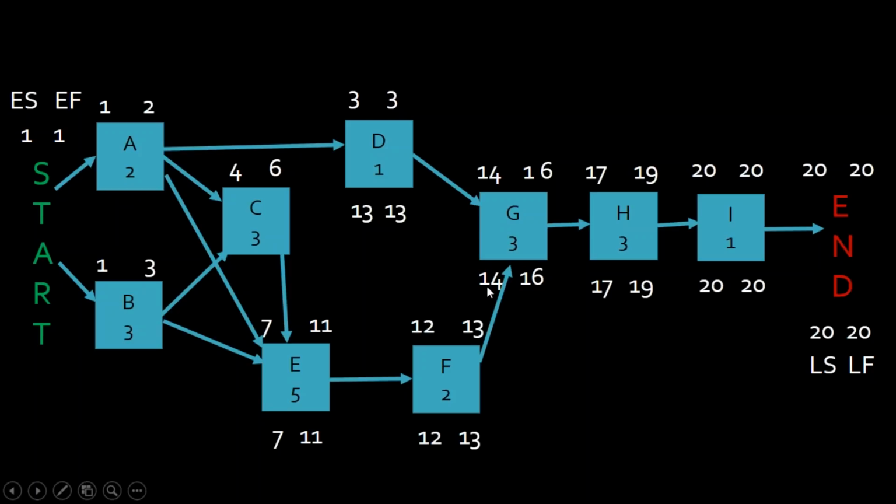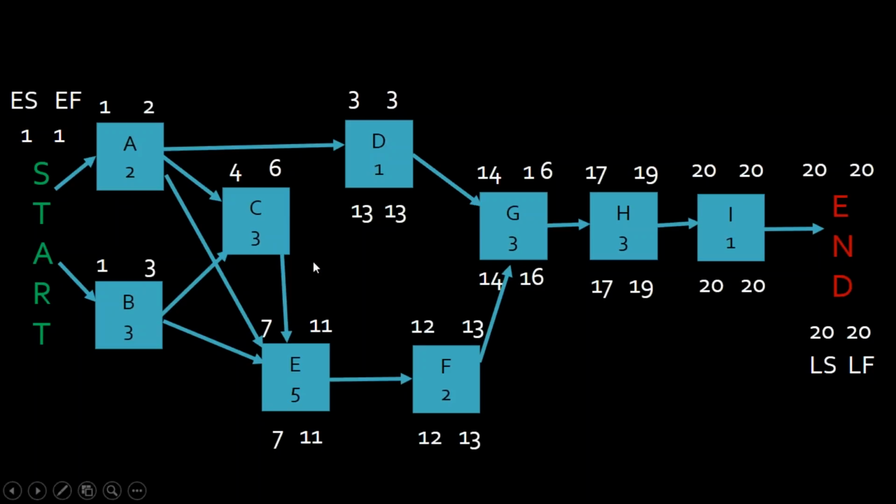G can't start any later. It's the late start that's the key in the backwards pass. That's the key to help you figure out what to put here. I can't start any later than day 14, which means D can't be finished any later than day 13. That's the late finish. As you can see, I got a lot of wiggle room with D.